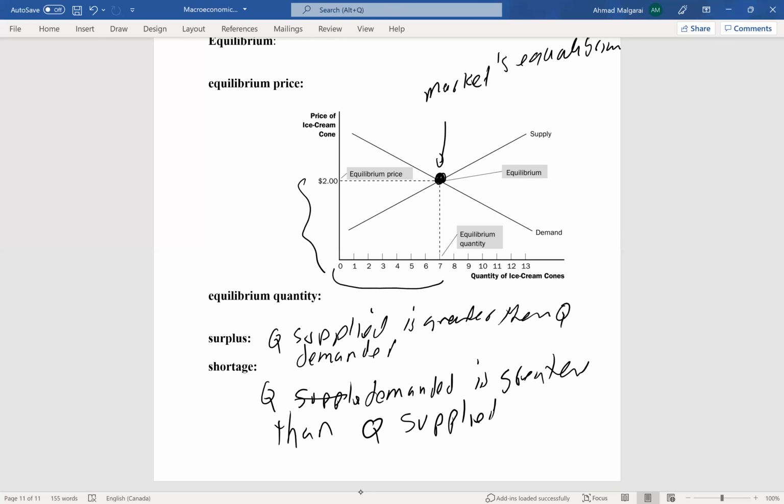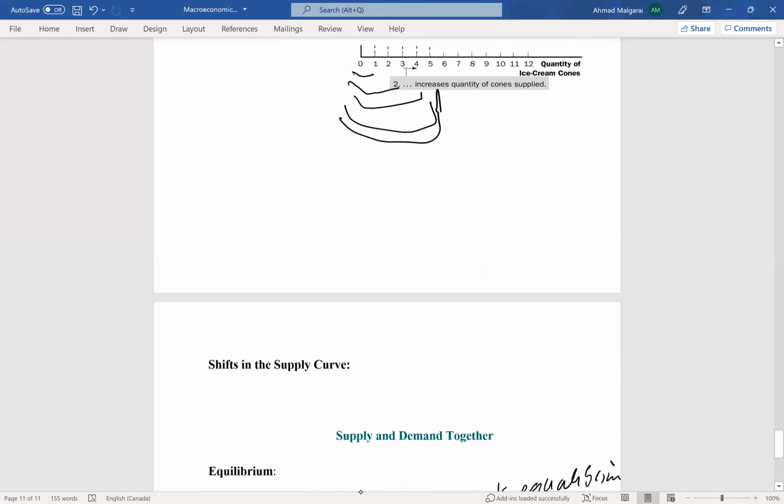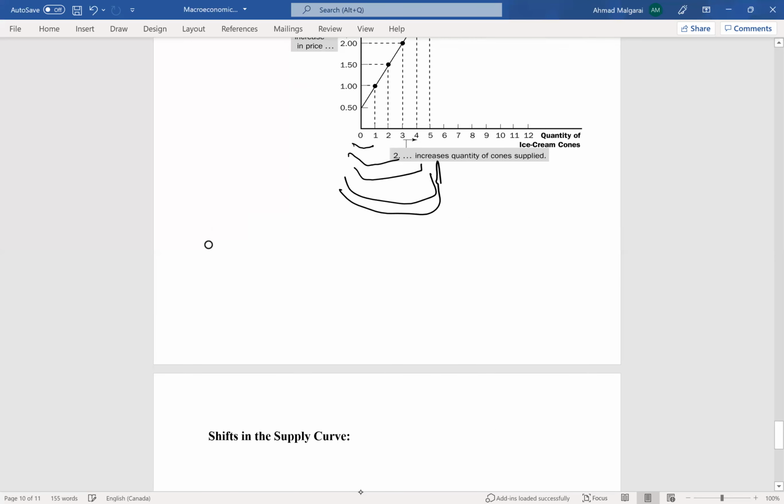And then we can draw this in a graph. I don't have space here, so let's use this place. Let's draw our supply and demand.